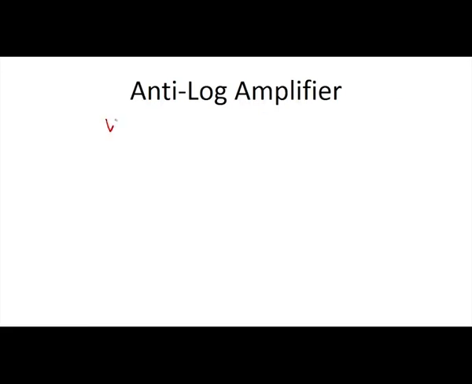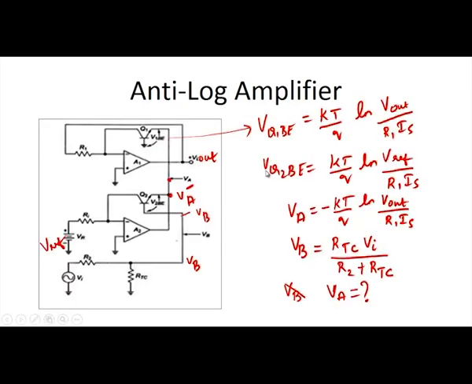What is VA from the lower operational amplifier? It is VQ2 emitter to base plus VB. We have written an equation for VQ2BE, we just have to reverse this for EB, emitter to base.